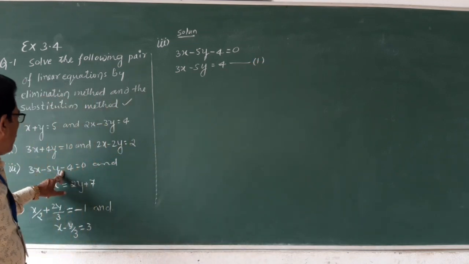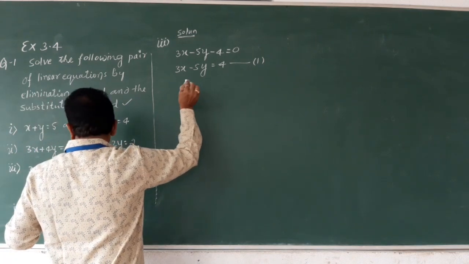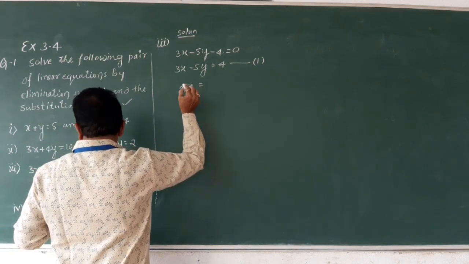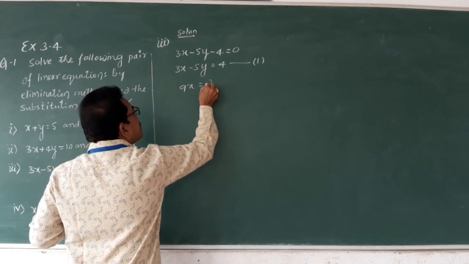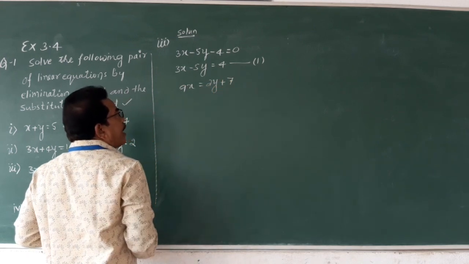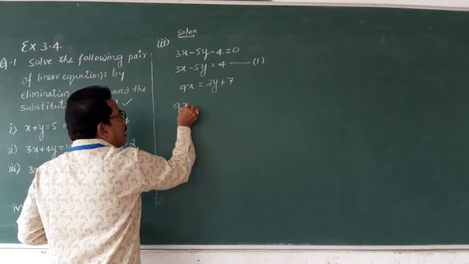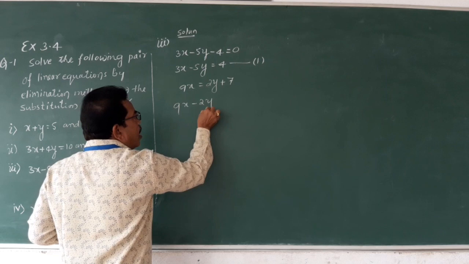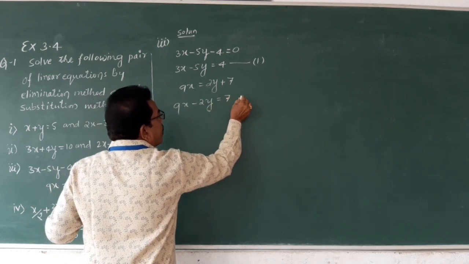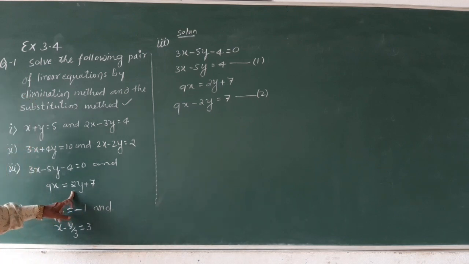Then the second one, 9x equals 2y plus 7. Let us modify this one: 9x minus 2y equals 7. Equation number 2.